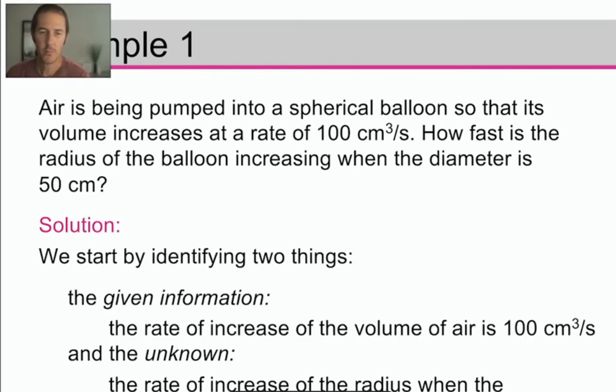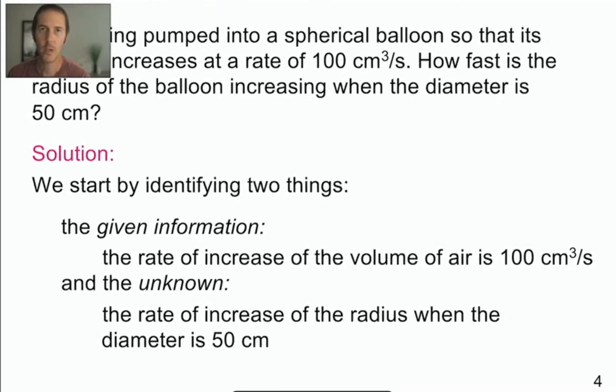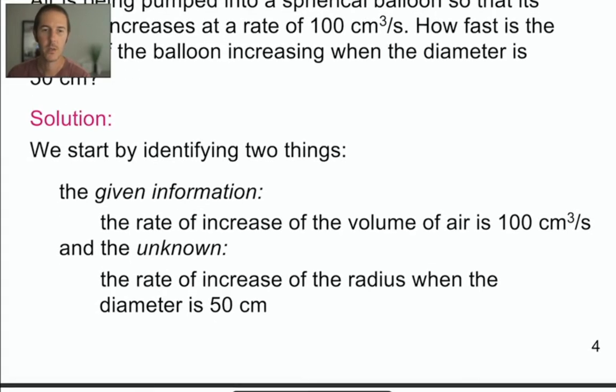So this is sort of marking a particular point in time by way of giving us a specific diameter. Now, it'll be part of the process, but the equation for the volume of a sphere is 4/3 pi r cubed. So they're giving us a diameter. They think they're being tricky here. We're going to have to take the diameter, cut it in half, and turn it into a radius.